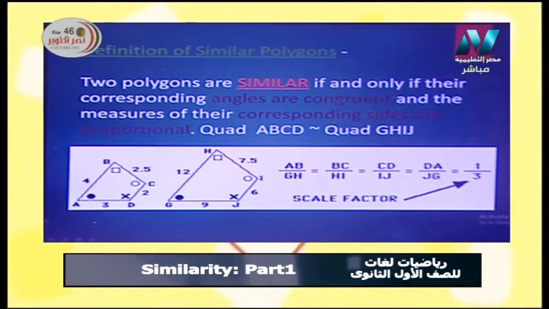Measure angle I equals measure angle C. Measure angle J equals measure angle D. Measure angle theta here equals measure angle A. So each two angles are congruent and each two sides are proportional. Proportional means that they have the same ratio, and this ratio we call the scale factor or similarity ratio. Here the scale factor is 1/3.